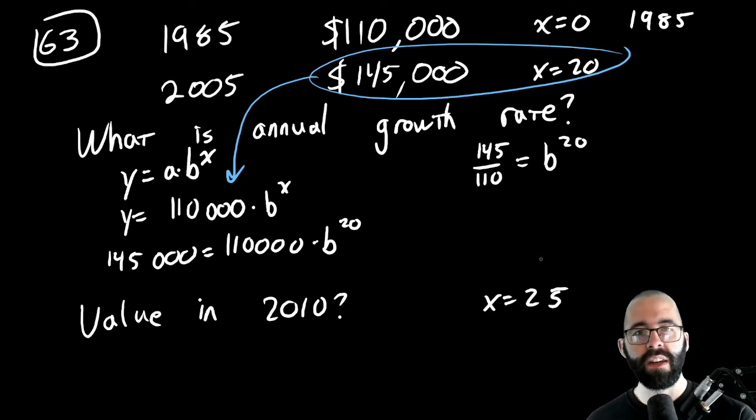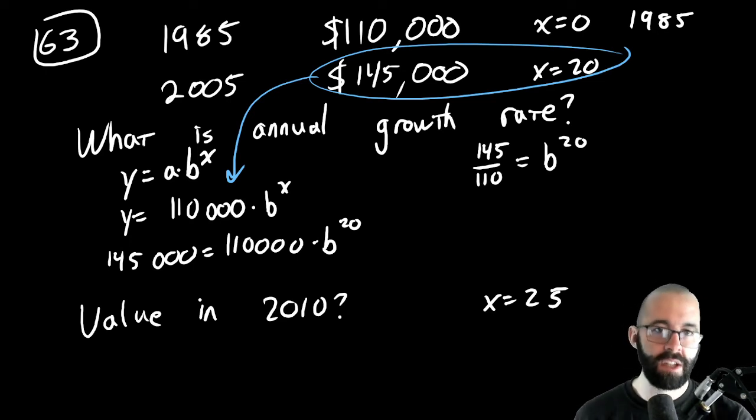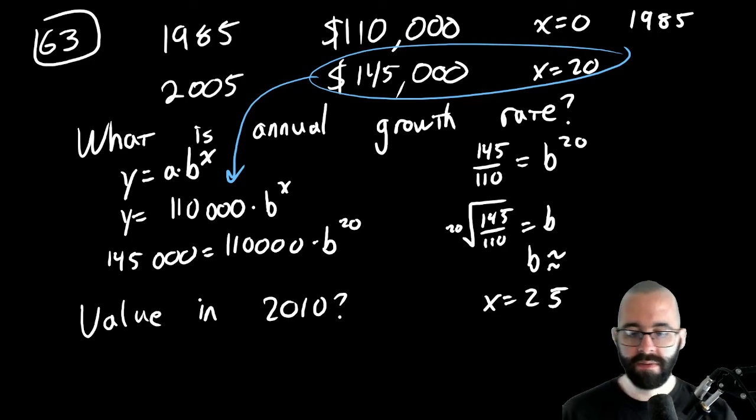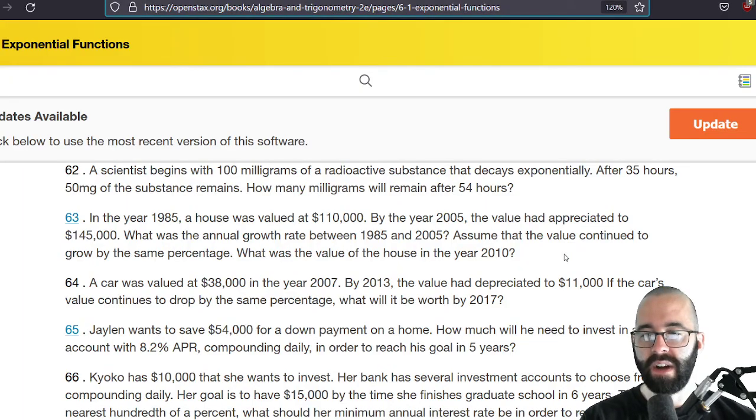And then take the 20th root of both sides. To undo b squared, we'd square root. To undo b cubed, we'd cubed root. To undo b to the 20th power, we take the 20th root of both sides. Or b, our annual growth rate, is the 20th root of 145 over 110.